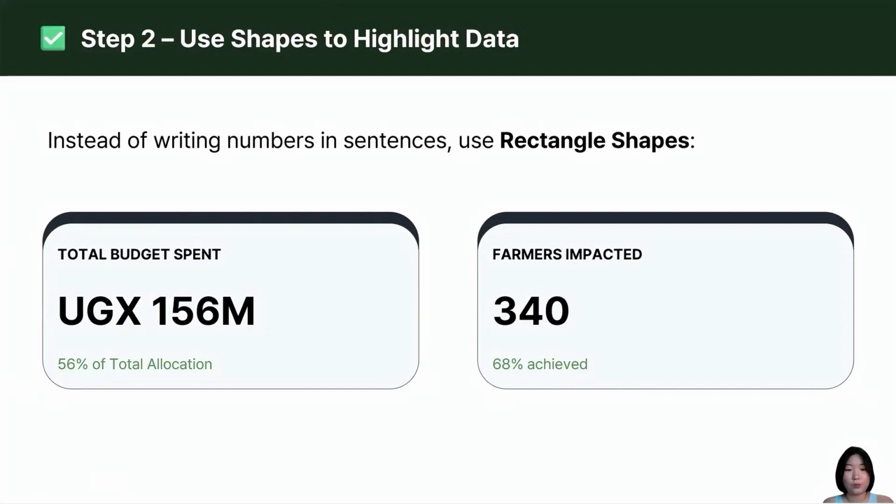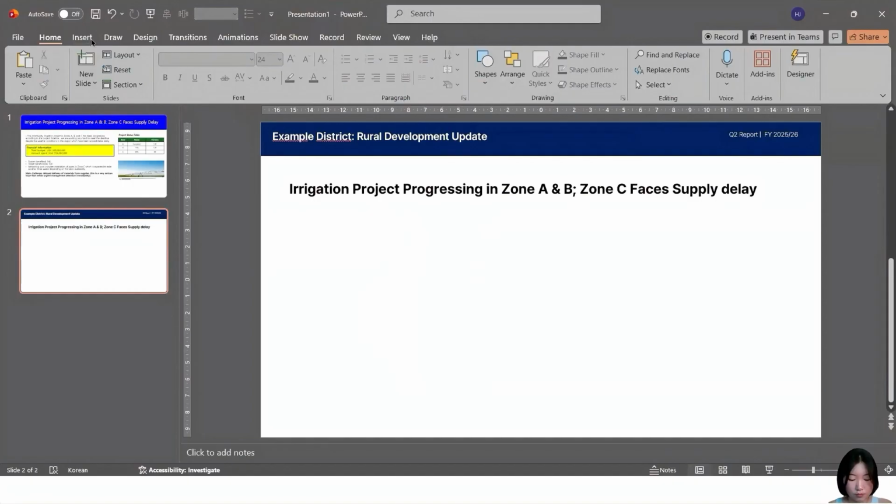I think budget spent rate and the number of farmers. Do not hide them in paragraphs. We will insert two rectangle shapes in here.